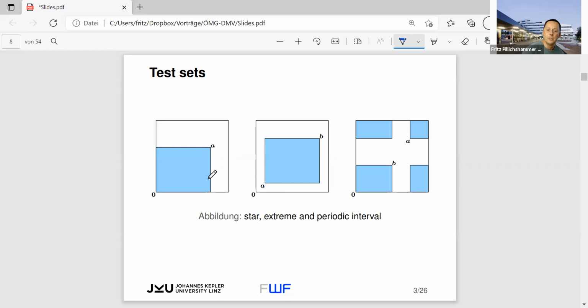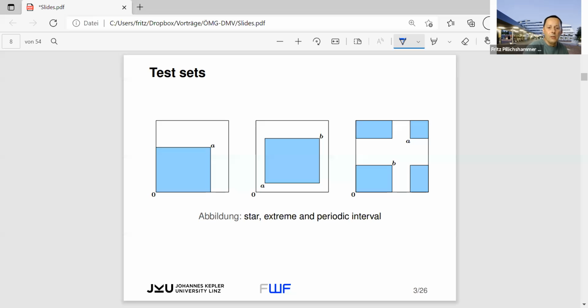In the left-hand picture, you see a typical instance of an anchored interval, which is considered for star discrepancy. In the middle picture, a typical arbitrary subinterval of the cube, and on the right-hand side, you can see a typical instance of a periodic interval.